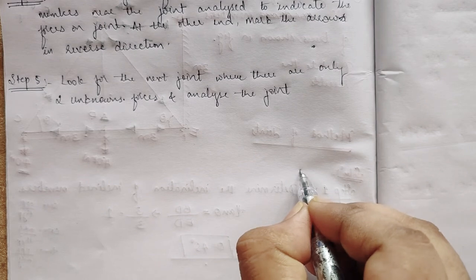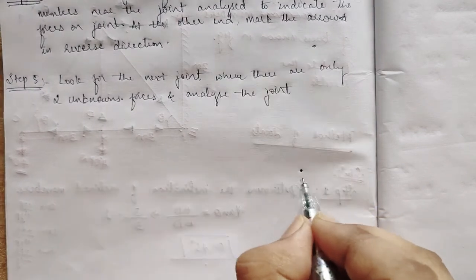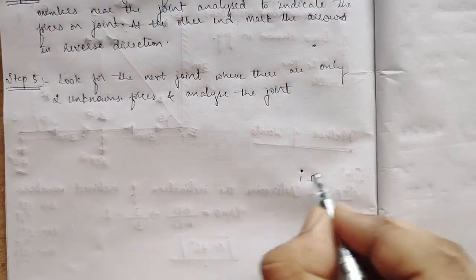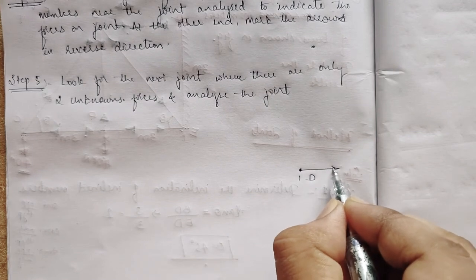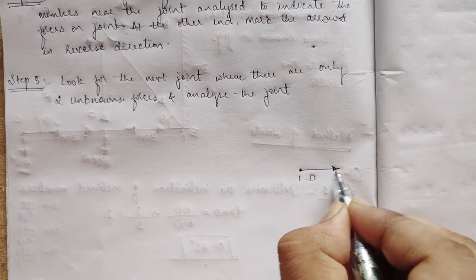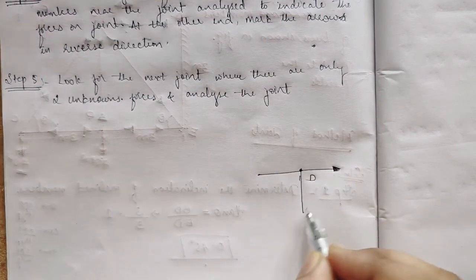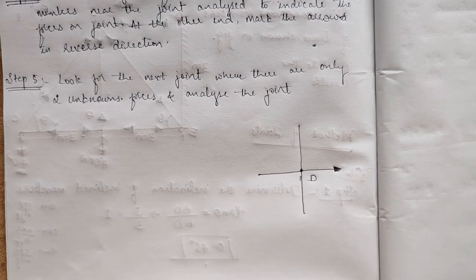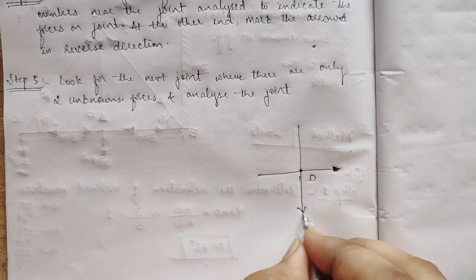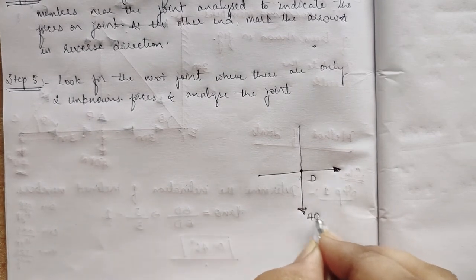Basically D has four forces, but it has two unknowns, right? So I'll take D. One force is like this, one force is like this, and another force is like this. In the problem they have given that this force is 40 kilonewton and the direction also.